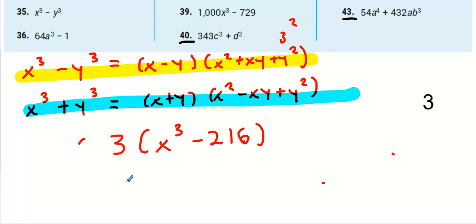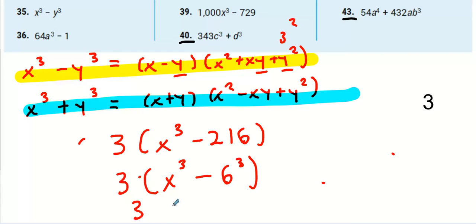And what I get is it's 3 times x cubed minus 6 cubed. Now, the next thing I'm looking at, gents, is the following. Am I using yellow or blue? Am I using plus or minus? I'm using yellow because yellow is the minus one. Okay? So anywhere I see a y, I'm going to replace it with the number 6.